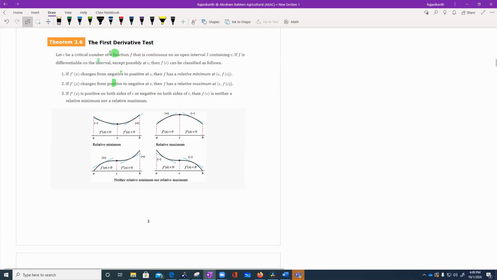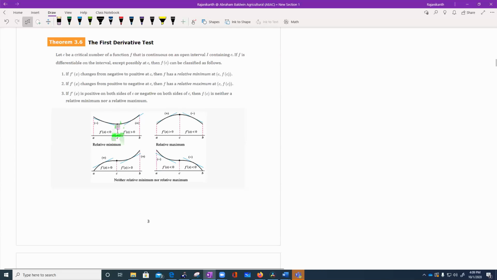How do you check whether the function has a relative maximum or minimum at the given critical point? To check whether the function has a minimum or maximum at the critical value, what you want to do is take an open interval which contains that critical point, then figure out the first derivative just before and after that point.